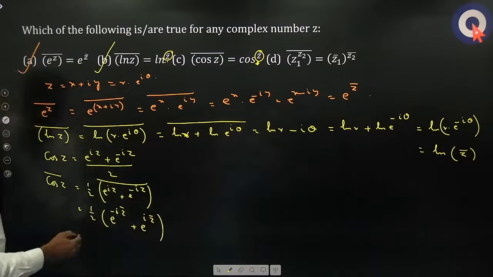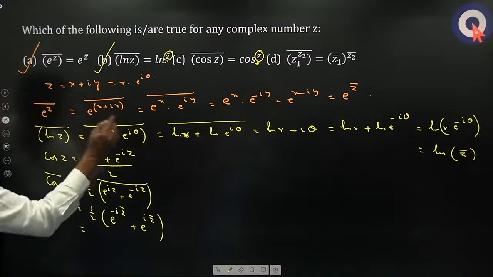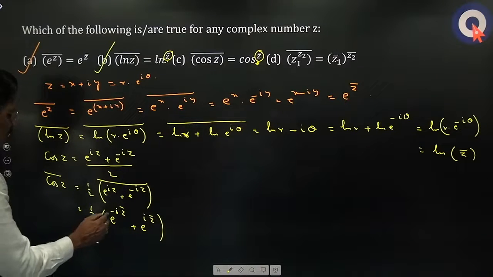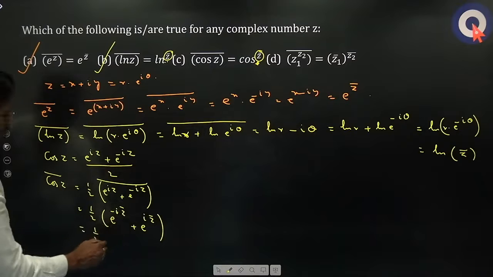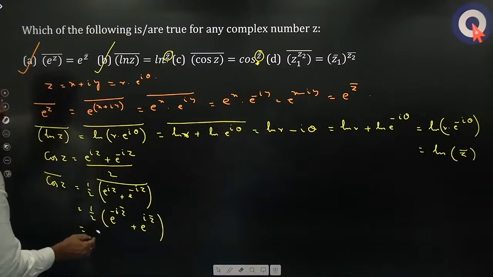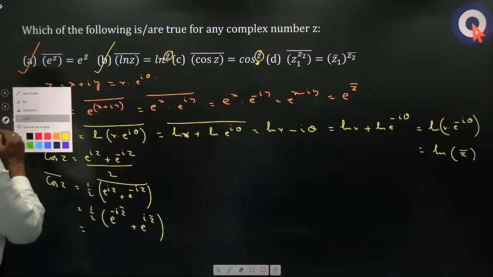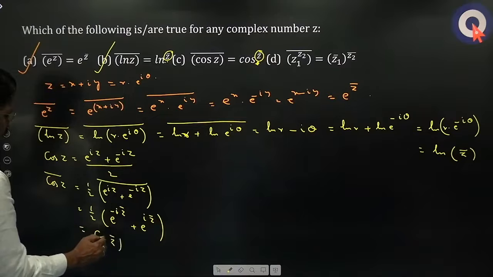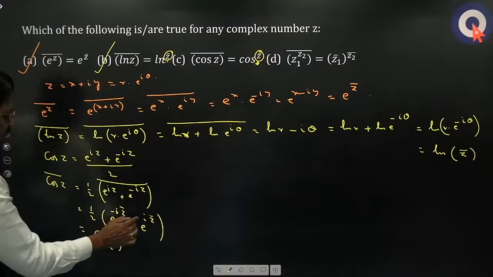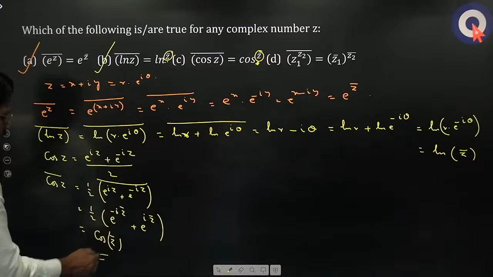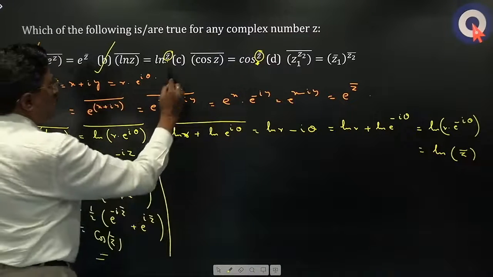This is nothing but half e power minus i z bar plus e power i z bar, which is nothing but cos z bar, like e power i theta plus e power minus i theta by 2, where theta is z bar. So even this is correct.